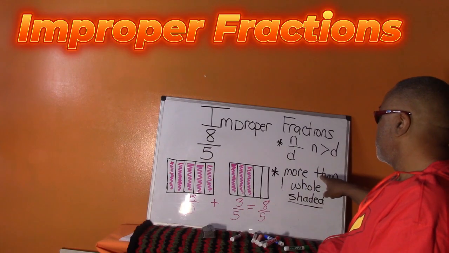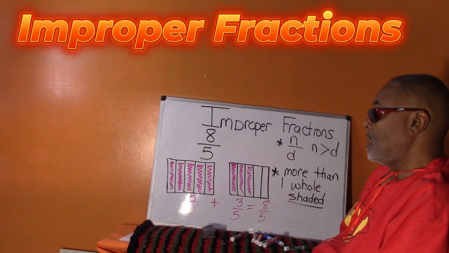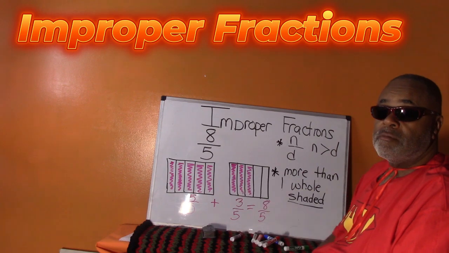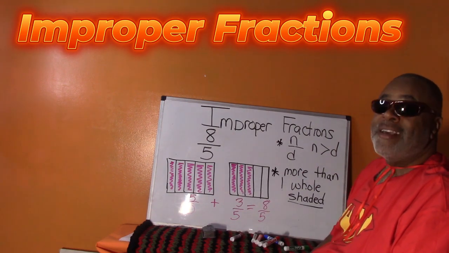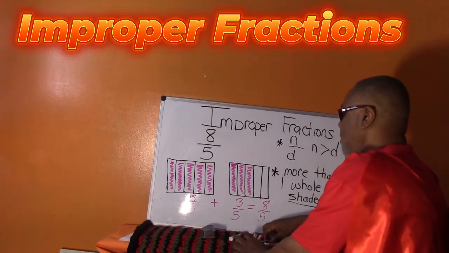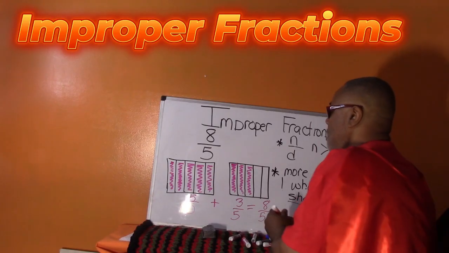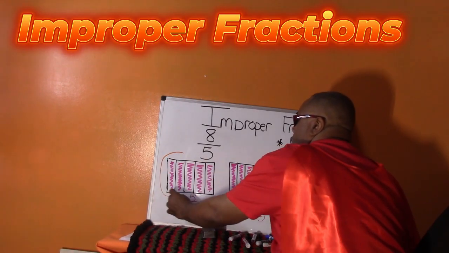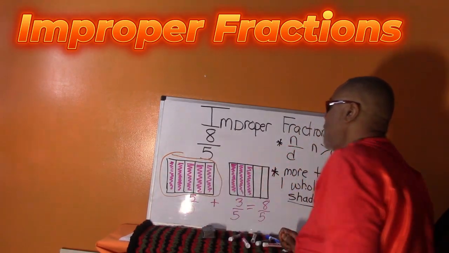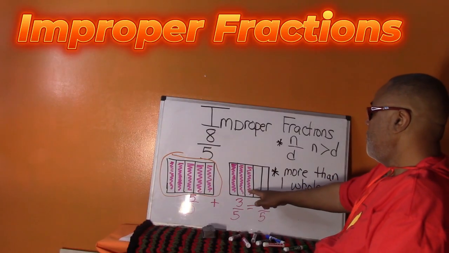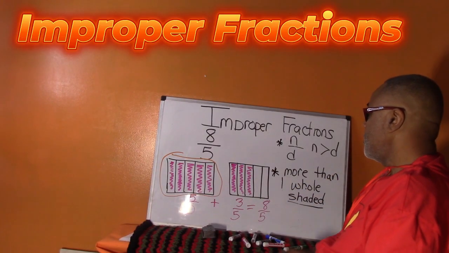More than one whole shaded. Is it more than one whole shaded? Absolutely. There is more than one whole shaded. This whole thing is shaded. So we got one whole that's shaded, and we got 3/5 that's shaded over here.